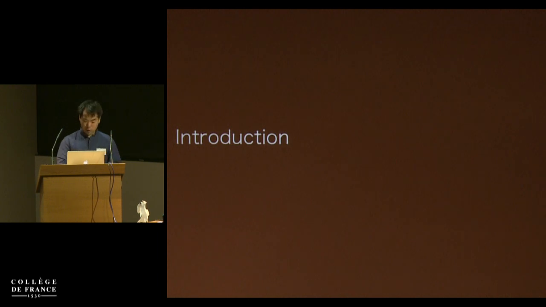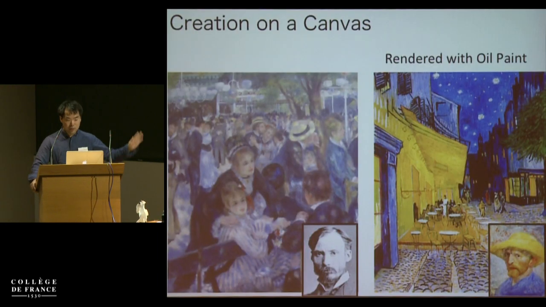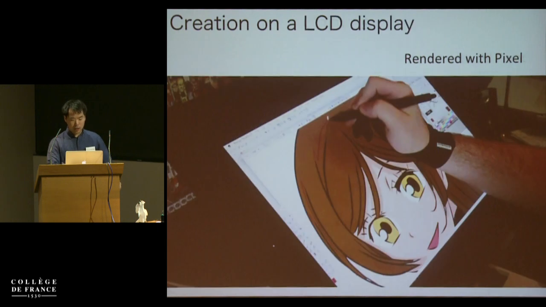Here is the introduction. There are amazing artists who created fabulous pictures like this with oil painting. Recently the medium has changed, and people began to create with a digital medium like this.